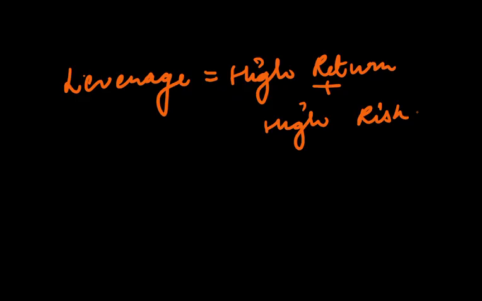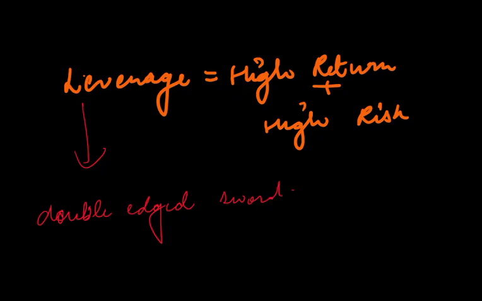But when a business performs poorly, the same leverage can increase the losses as well. So that is why leverage is often called a double edged sword. You can write here, it is also called a double edged sword. It has a power to increase the return, but it also has a power to increase the risk as well. So companies should use leverage very carefully.